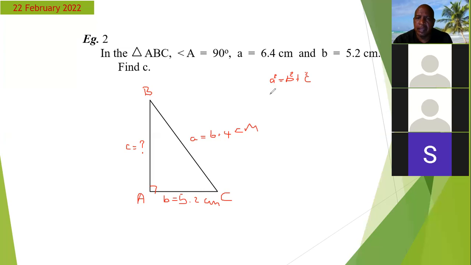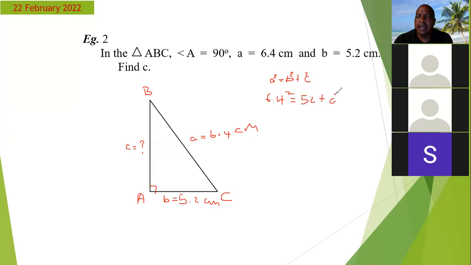6.4 squared. So we'll start off with 6.4 squared equal to 5.2 squared plus C squared.